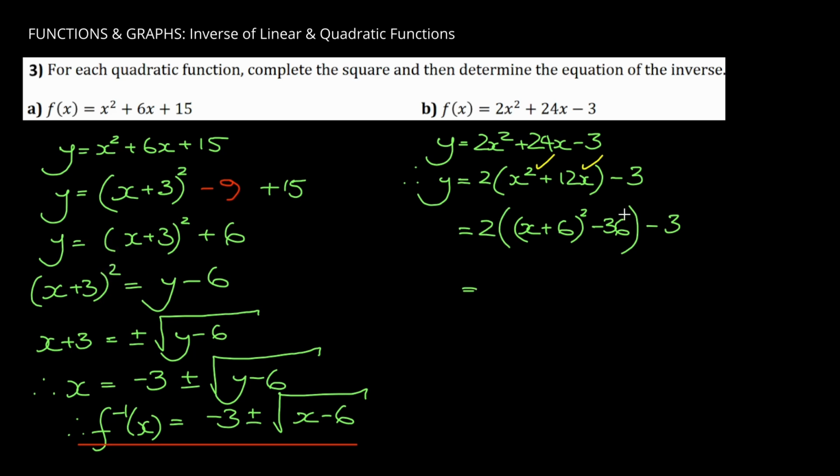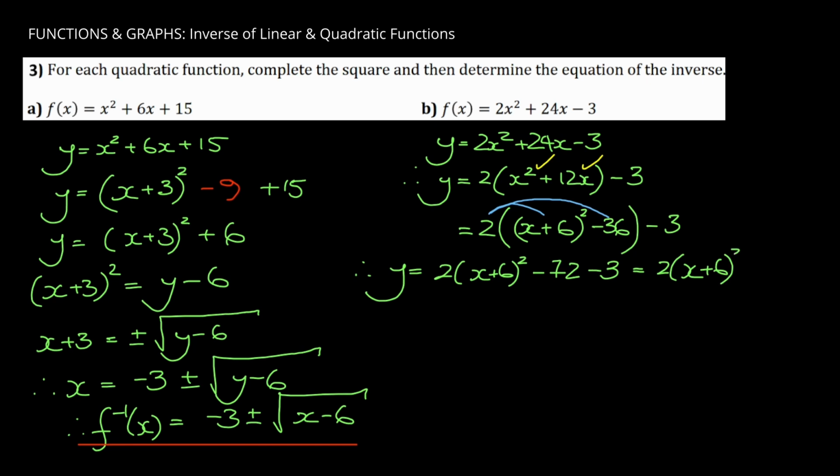We're splitting this bracket apart. The 2 will multiply both our bracket term and the 36. And therefore, y is equal to 2 times our bracket, which is 2x plus 6 squared, minus 72, and then bringing up the rear, minus 3, which is equal to 2x plus 6 squared minus 75.